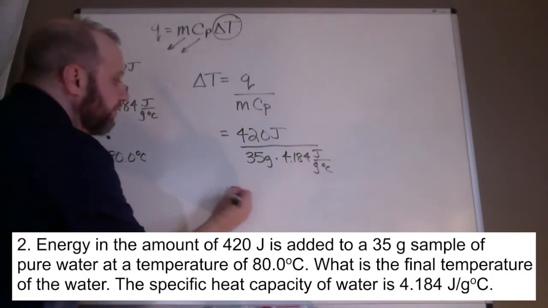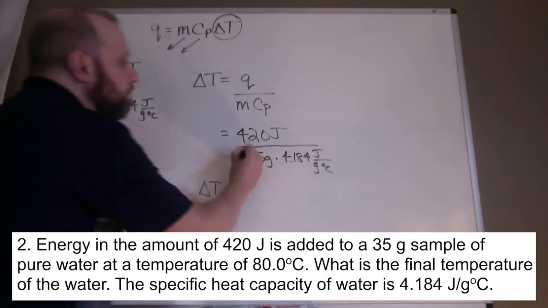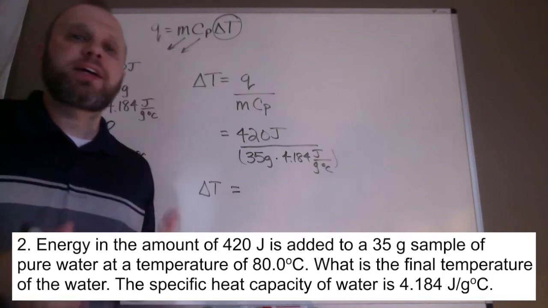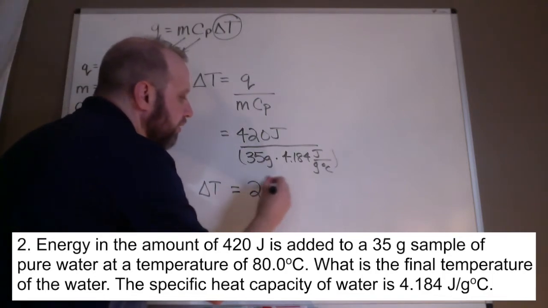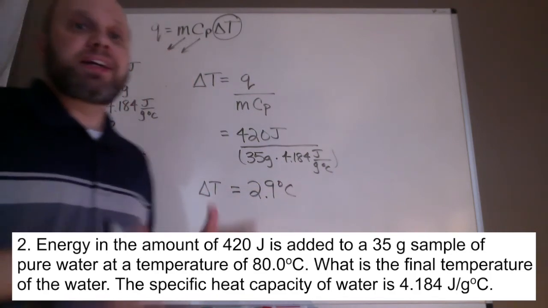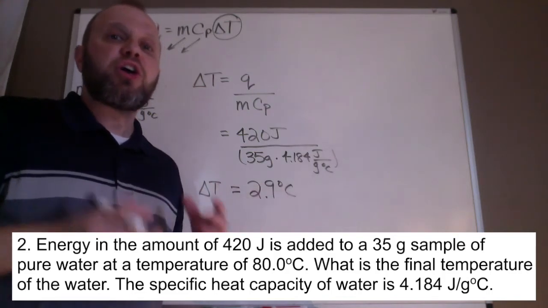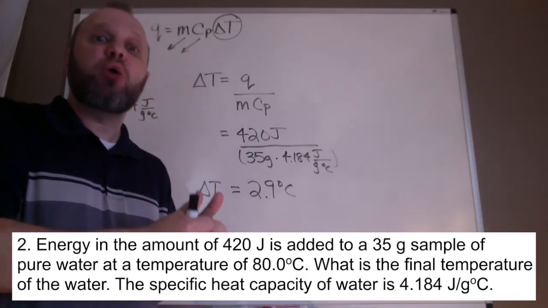Plugging all of this into my calculator, of course, remembering to keep the bottom part in parentheses or to hit divided by twice, I wind up getting a change in temperature of 2.9 degrees Celsius. Now, don't jump. This is not our final answer. In order to get our final answer, we added energy. So if we add energy, our temperature should go up.